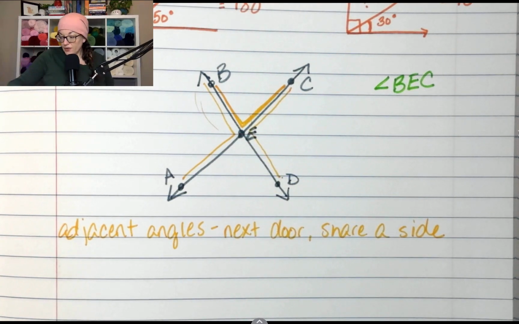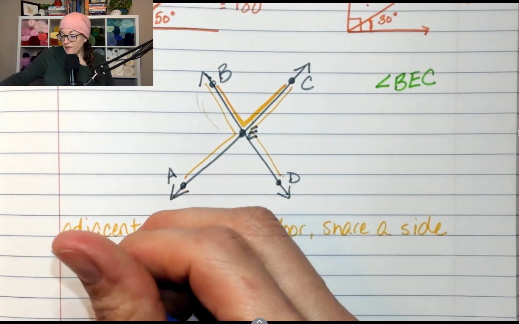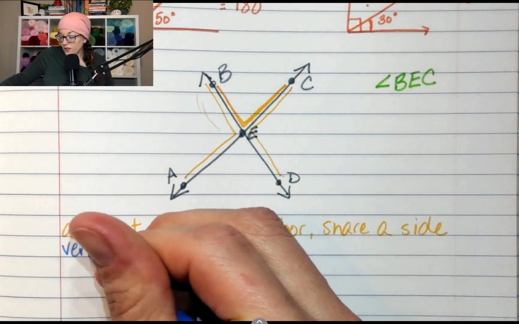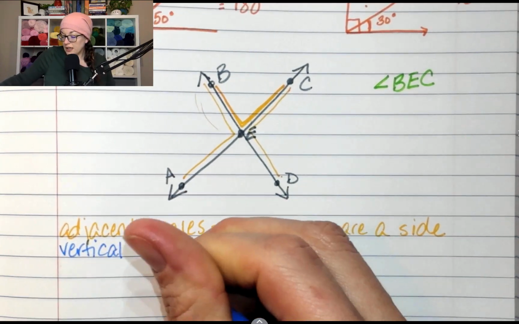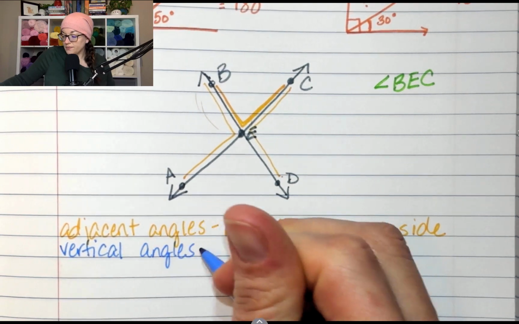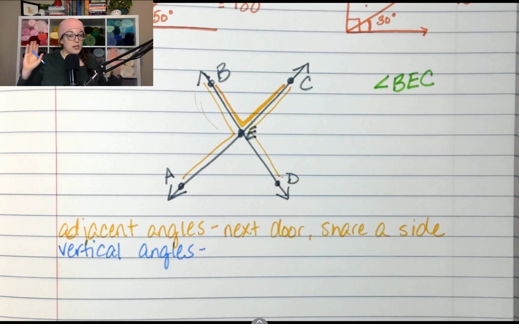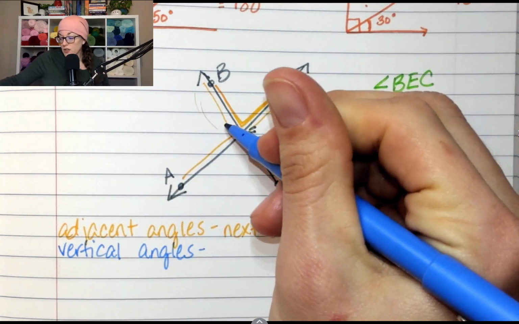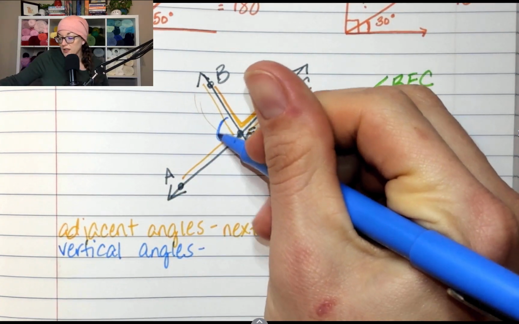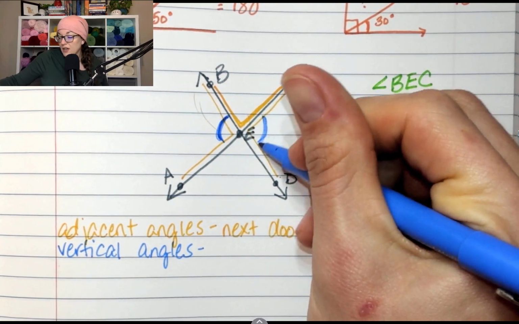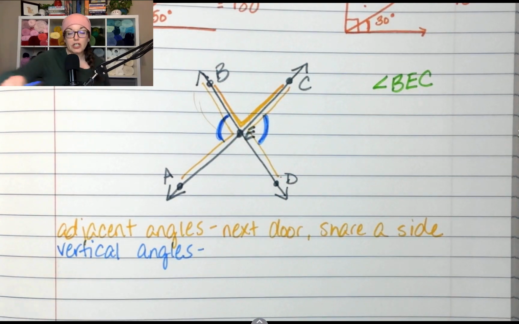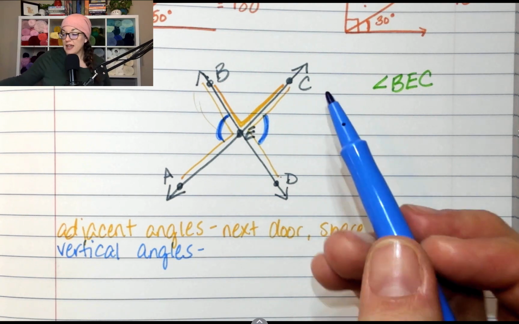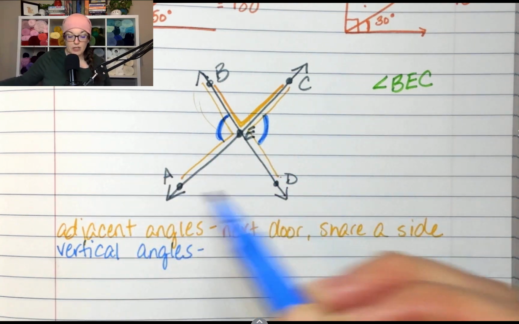The other relationship we're looking at is vertical angles. Vertical angles are not next door. They're across from each other. So this angle here and this angle here are vertical angles because they are across from each other.